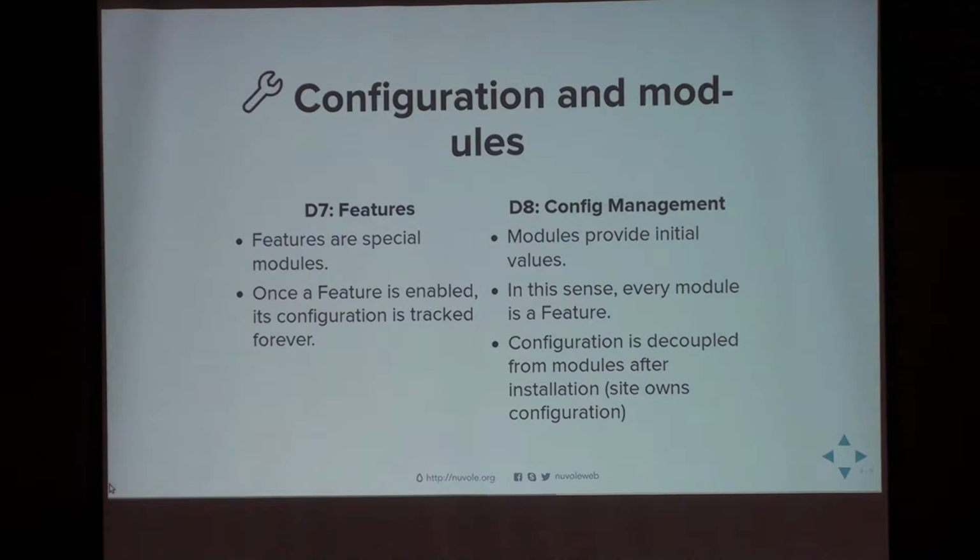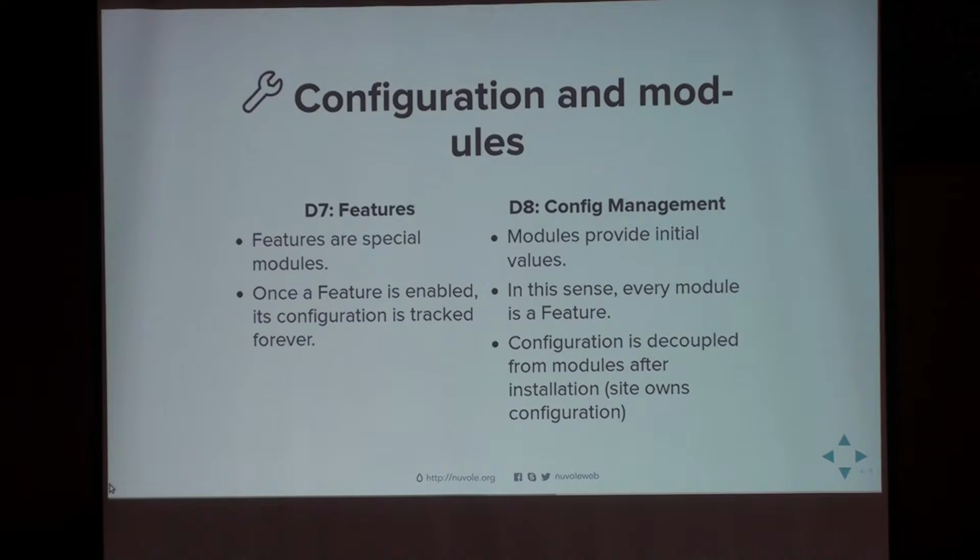The module implementation, or the hook implementation in the feature module is run. This is the code of the module that says how the feature is done. And so the feature as such tracks this configuration. It knows what the configuration is, and it tells you, for example, if you have a view and it changes. You can always revert the feature and have this view that you have in code.